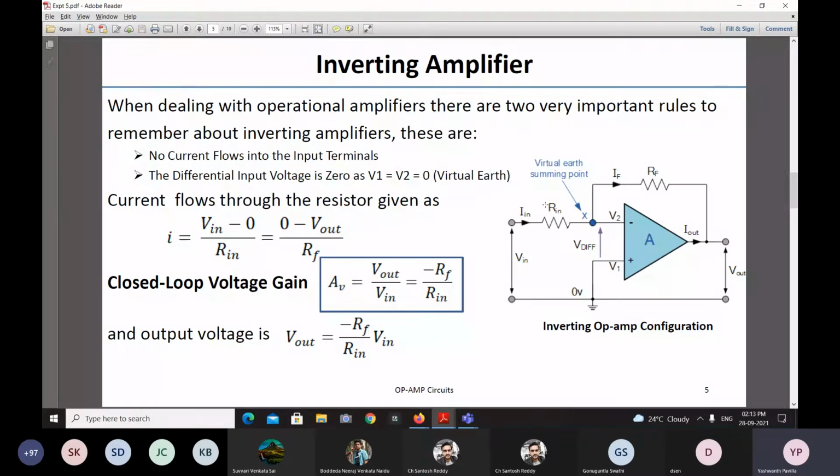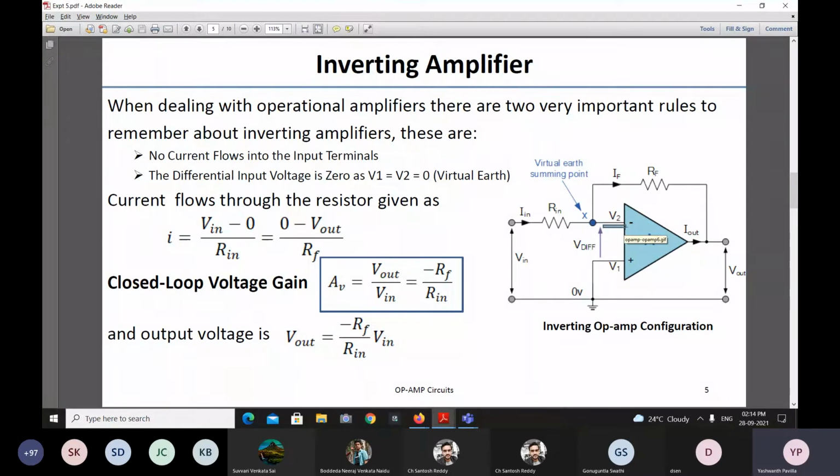Here you see, like I said, an operational amplifier has very high input impedance, right? So if we connect a voltage in here, the current flows in this branch. When it reaches this V2 terminal, the current does not flow towards the inverting input, because the impedance is very high, so no current flows through this branch.